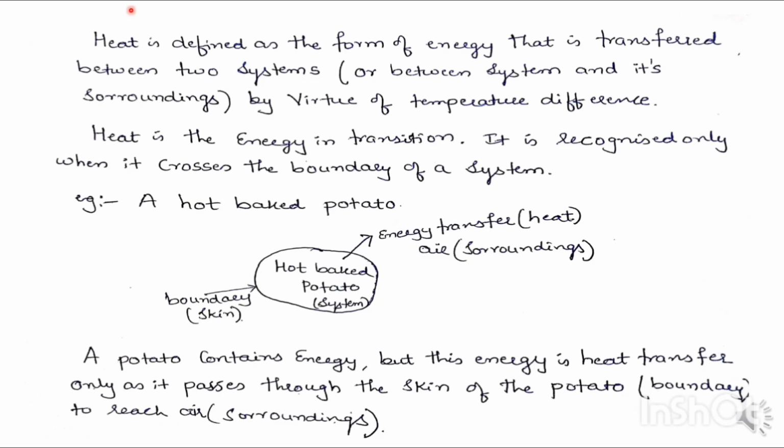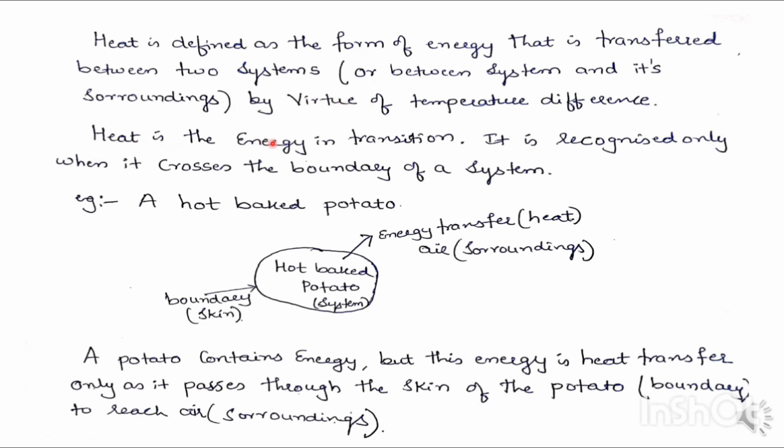So now how will we define heat? It is defined as the form of energy that is transferred between two systems or between a system and its surroundings by virtue of temperature difference. So already I have told you that heat always flows from a higher temperature medium to a lower temperature medium.